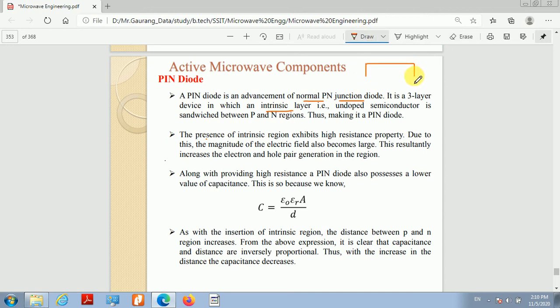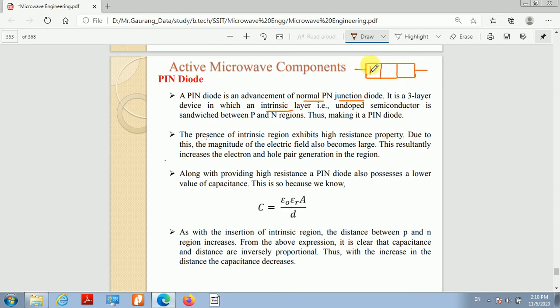Okay. So if we look at the basic construction of the PIN diode, then there are three layers. One is P, another is the intrinsic layer, and there is an N layer. Correct.